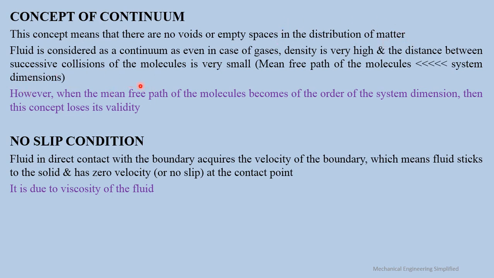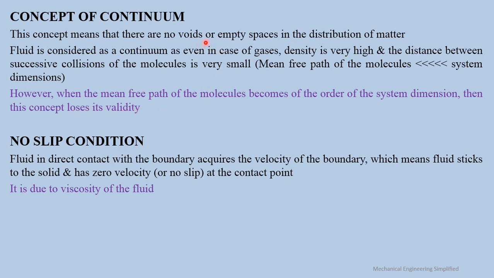However, when the mean free path of the molecule becomes of the order of the system dimension, then this concept loses its validity. That means when the mean free path becomes of the order of the system dimension, we say that the system has become rare.